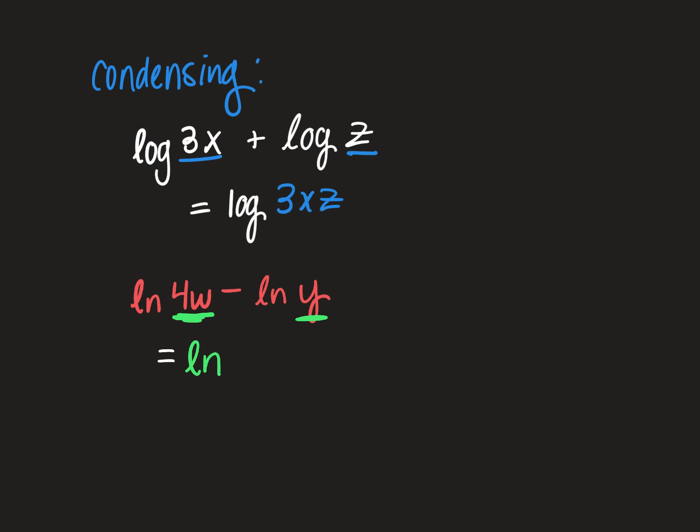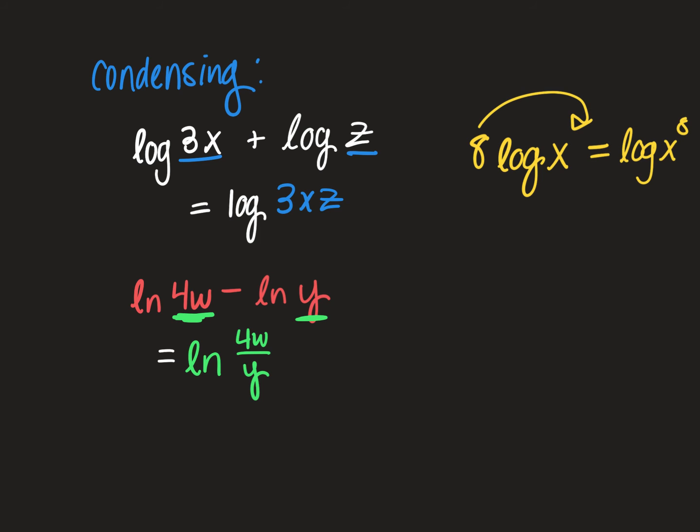So it's going to be ln of 4w over y. All right, and then the last one, so anytime you've got a number in front, what is that going to become? The exponent. So we're going to put it back here where it goes. So it would be log of x to the 8th.